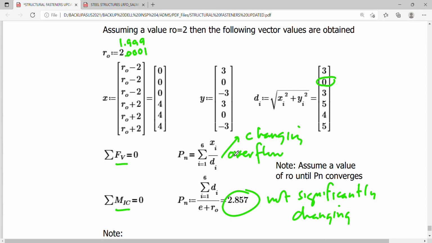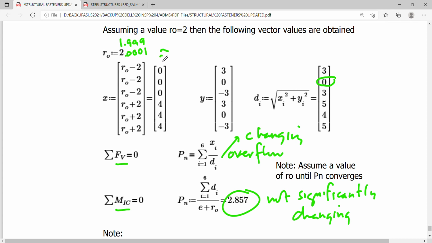So in this regard, the final value for your Ro that manifests convergence in this particular solution is very, very near to 2.0.